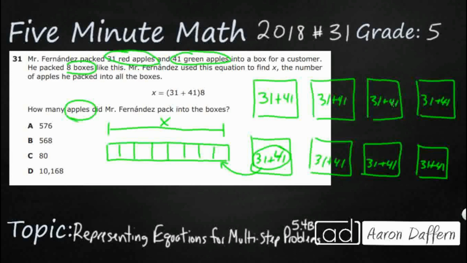So here's my question. How do I use what I know about this problem to solve this equation? Because I understand the 31 plus 41. So let me just rewrite this as 31 plus 41.